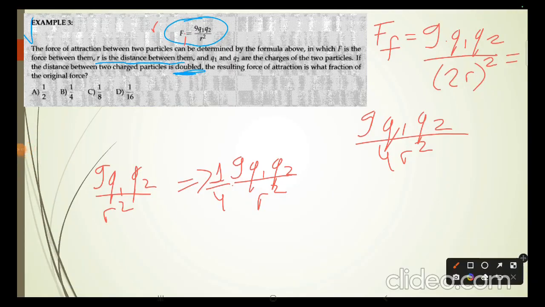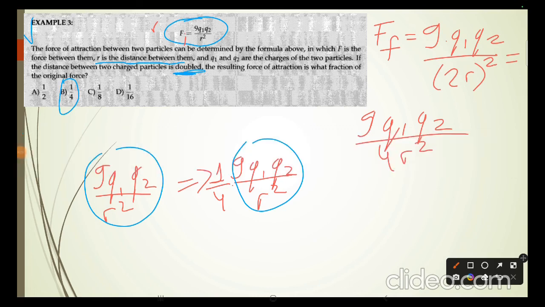Because we need to make this form also here, and then we see that it was multiplied by 1 over 4. So the answer is B. This fraction which they ask is 1 over 4.